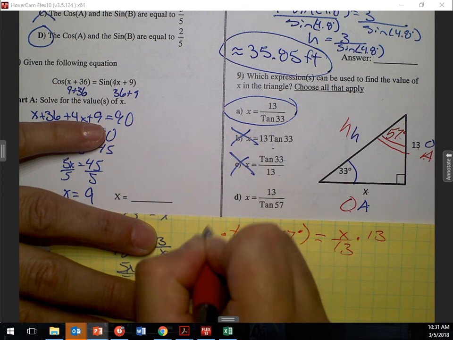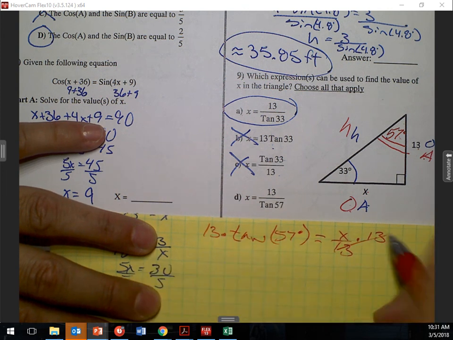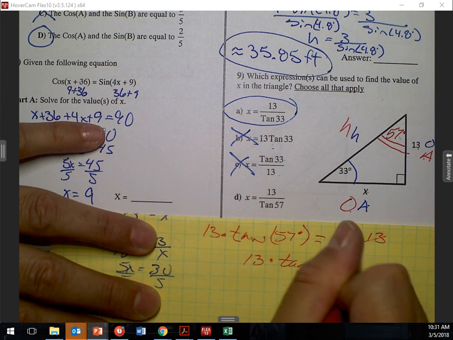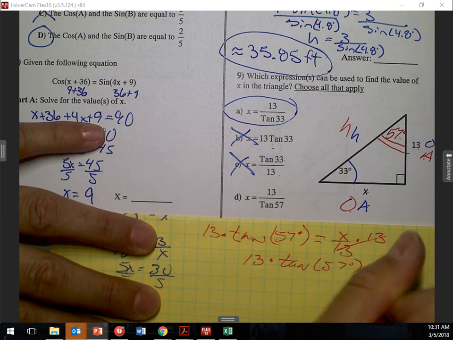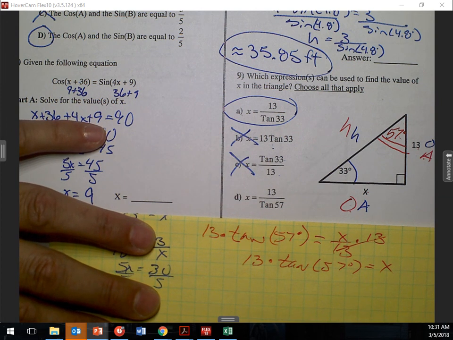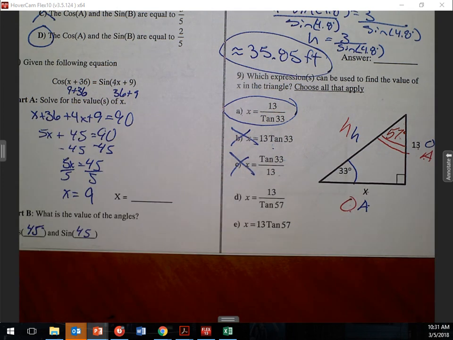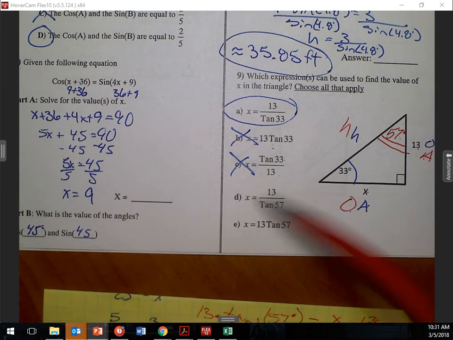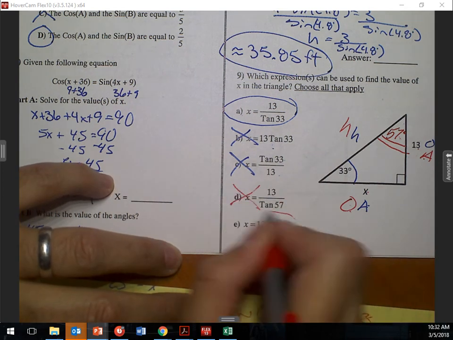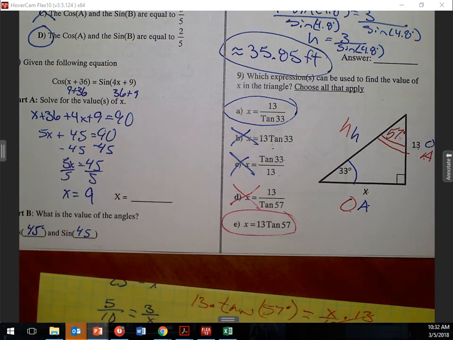So those cancel. 13 times the tangent of 57 degrees is equal to x. So, is the answer D? No. Is the answer E? Yeah. So we have two answers on this one, don't we?